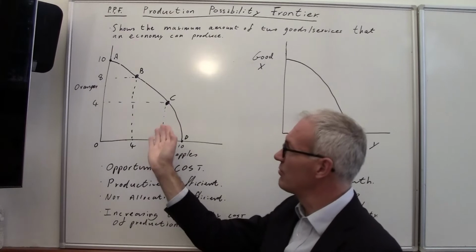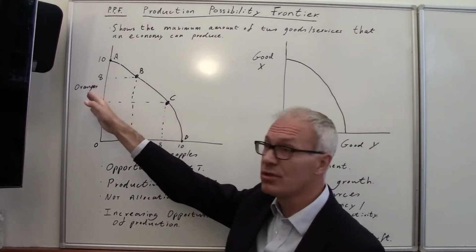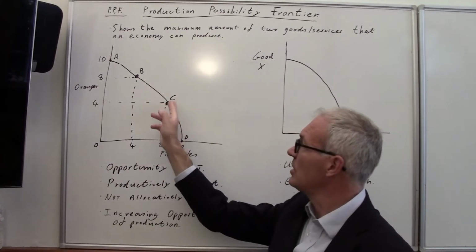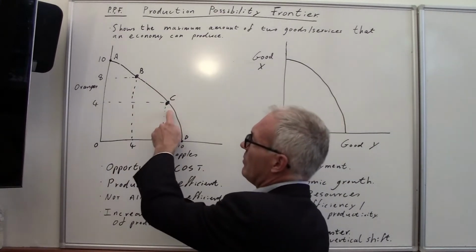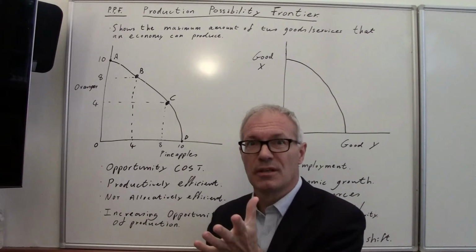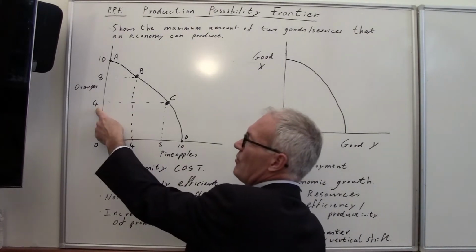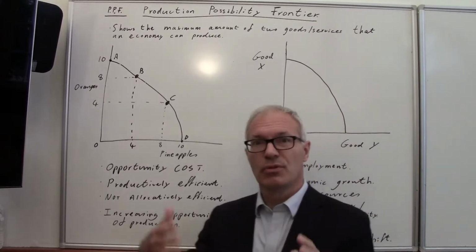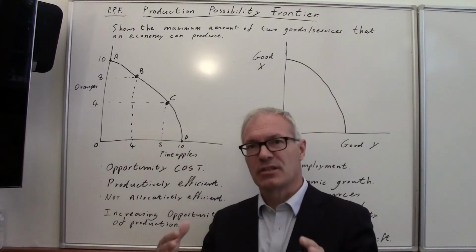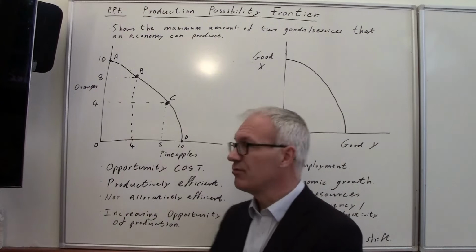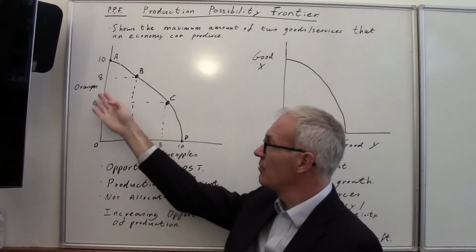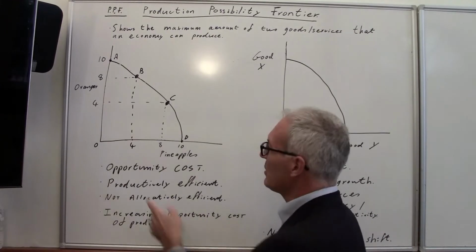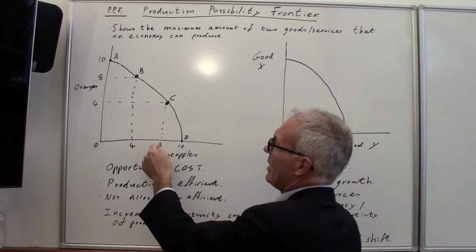So what we do is we shift some resources across from oranges to pineapples. Okay? So we now produce at point C. Well, we now produce 8 pineapples, but unfortunately we only produced 4 oranges, we've lost 4 oranges. And that is what we call the opportunity cost, the next best foregone alternative. We do quite like oranges, we've lost out on 4 oranges. Very sad, I know. But at least we've gained pineapples, we now have 8 pineapples.